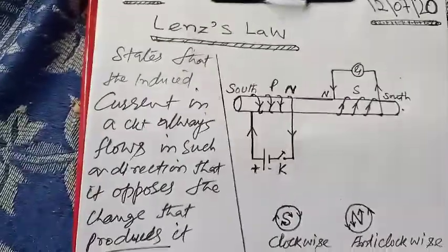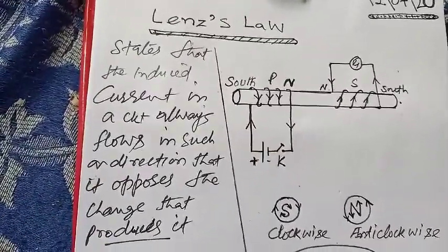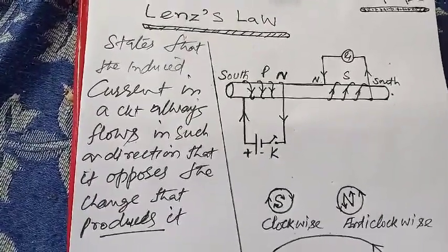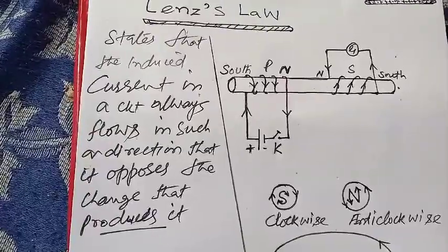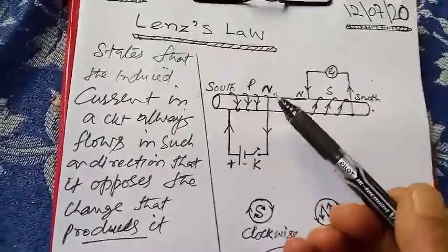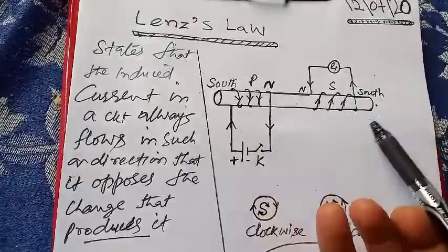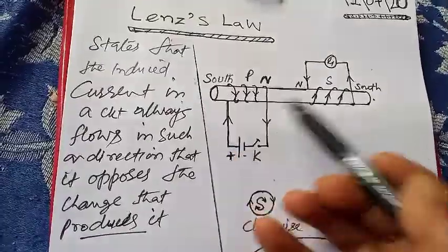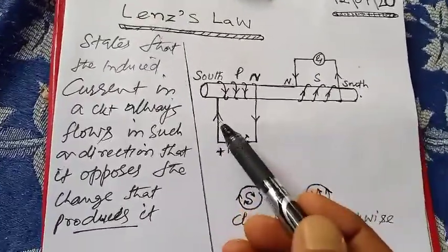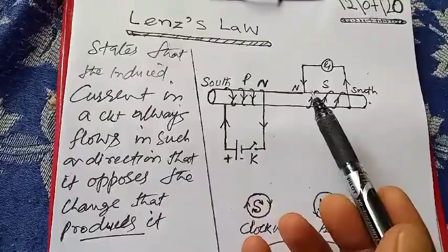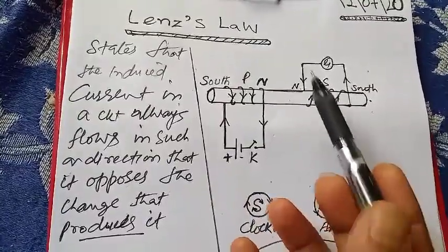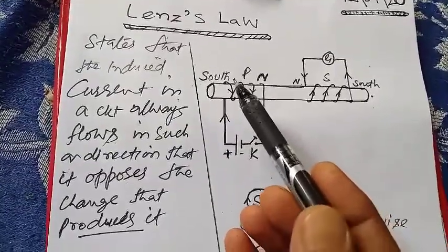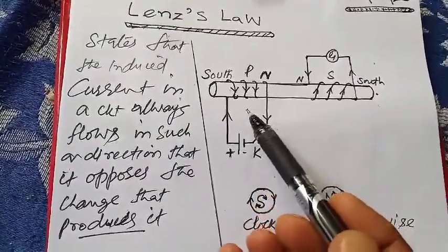So what is Lenz's law? It states that the induced current in a circuit always flows in such a direction that it opposes the change that produces it. Here we will take one of Faraday's experiments to explain the direction of the induced current. This induced current is produced due to the change of magnetic flux.